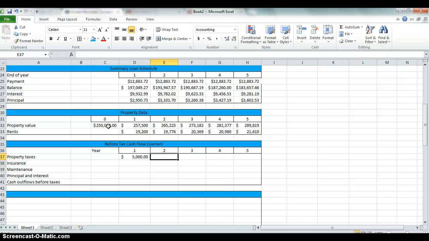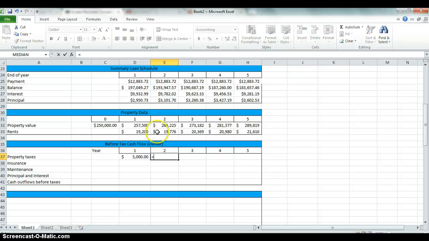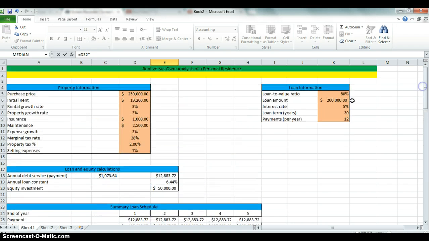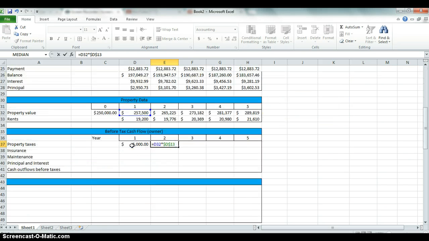Now, for year 2, we will have that it is equal to what we had in year 1 times the property tax, which we are about to just lock so we can drag it down for all the numbers. So for example, in year 5, we're going to verify that we have used the property value at year 4 multiplied by the property tax rate.